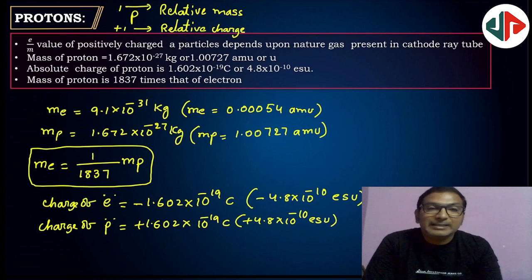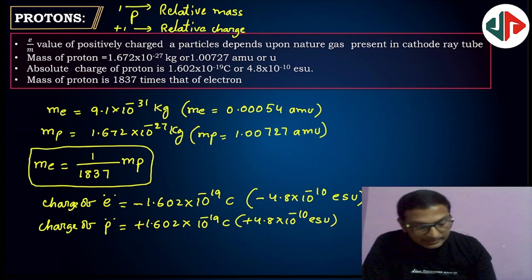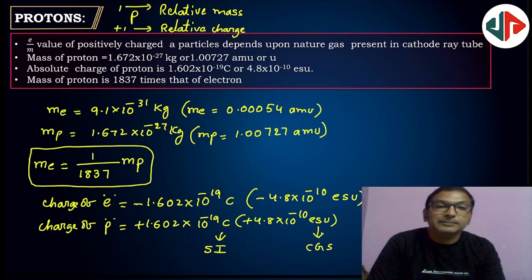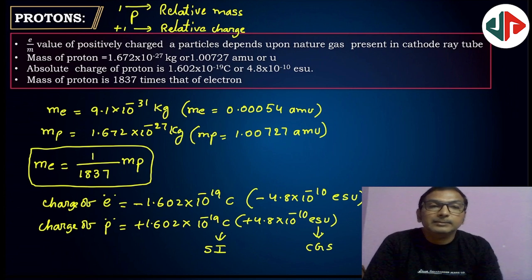Coulomb is the SI unit and ESU is the CGS unit. Electrons are negatively charged particles while protons are positively charged particles. So these are important points regarding protons.